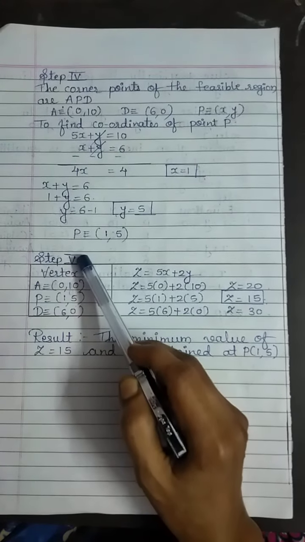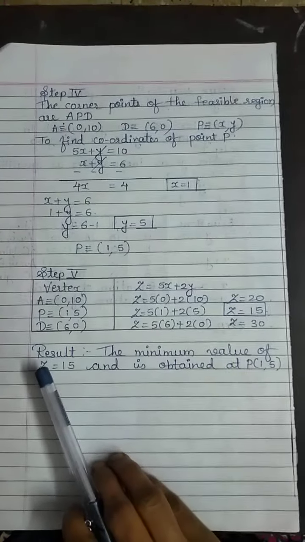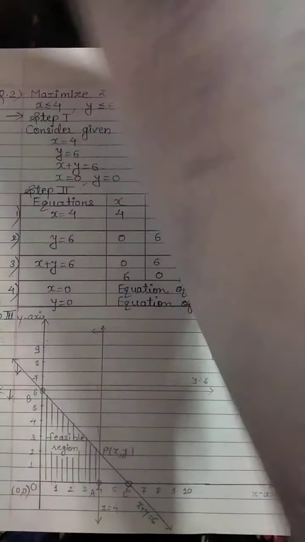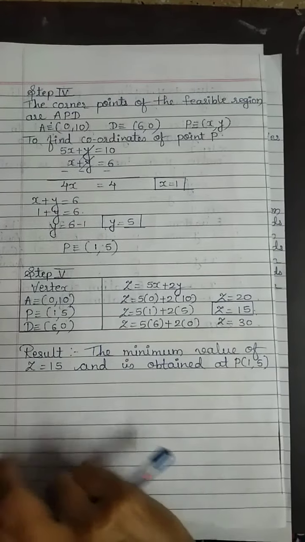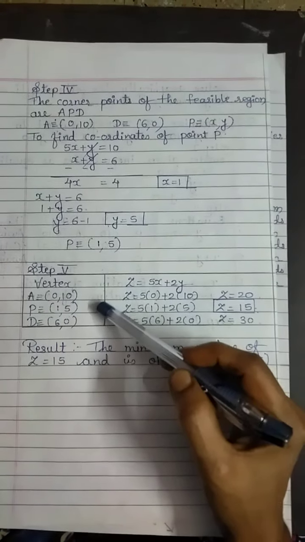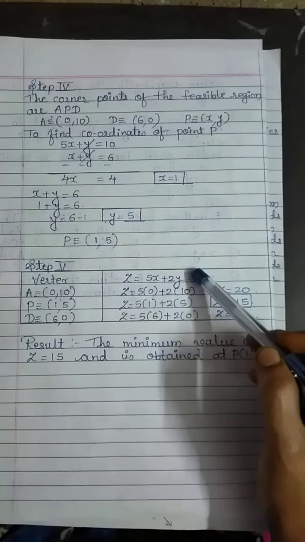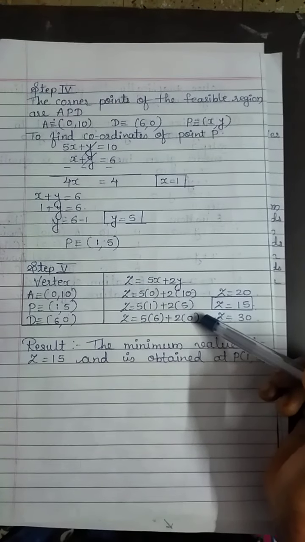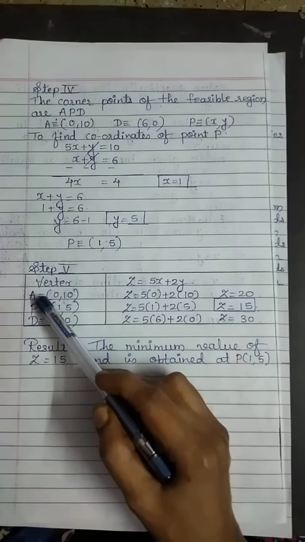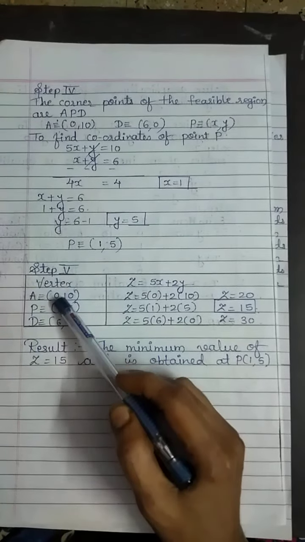Now step number 5, where we are going to use the equation of z which is given in the original question, that is z is equal to 5x plus 2y. So here in the first column we will write the vertex, that is corner points, and here we will write the calculation for z. So point A with the coordinates 0, 10, substituting the values in the equation of z, we get z is equal to 20.